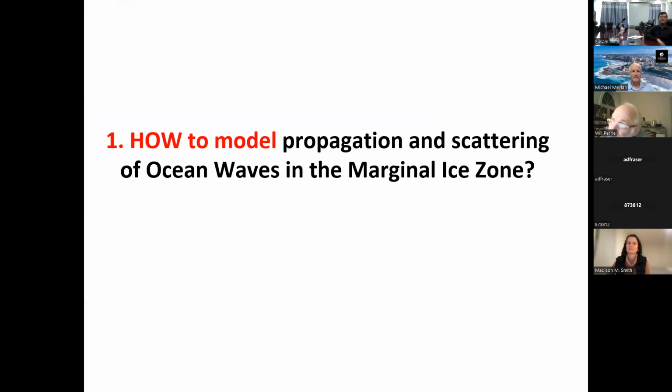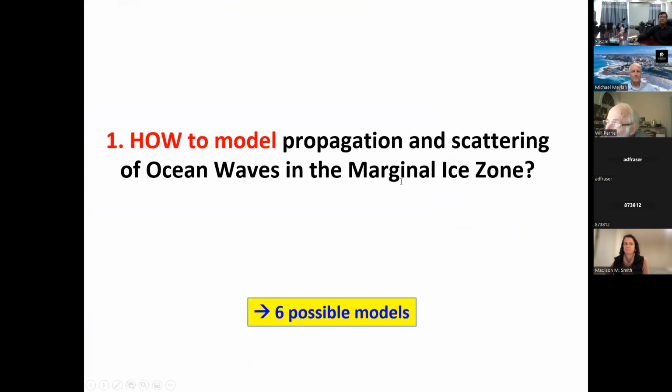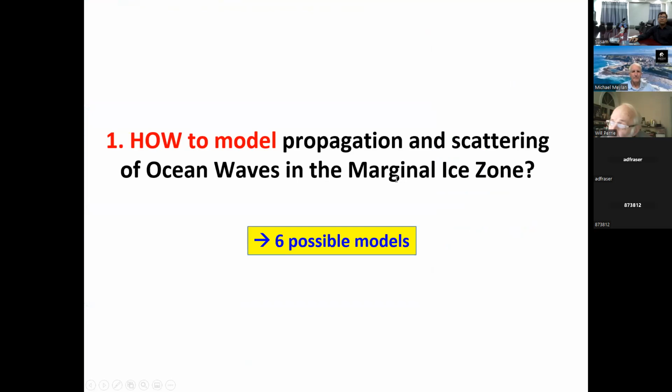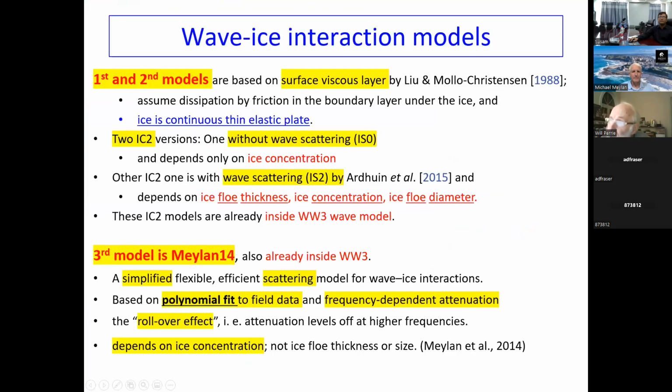So, how to model propagation and scattering of waves in the marginal ice zone. There are 6 possible models, documented in the 2 papers we have with Mike. The first and second models are in WaveWatch. They are surface viscous layer models by Tony Liu and Eric Muller Christensen, dating back 35 years, and assume the ice is like a thin elastic sheet.